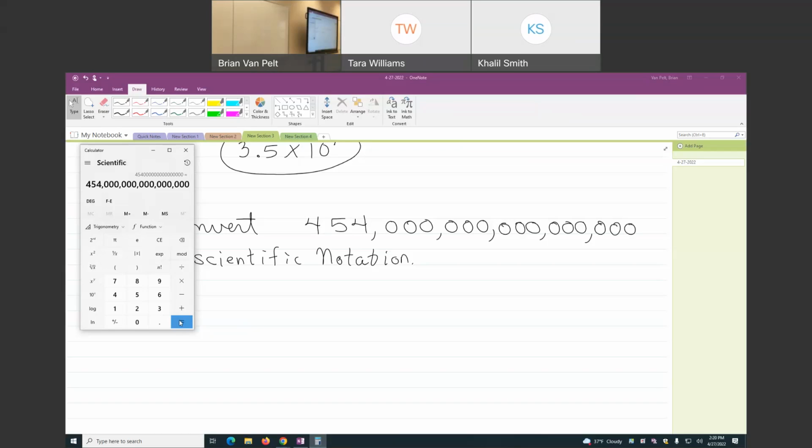Oh, look at this calculator, it's proving me wrong, isn't it? It just wrote the whole number. It didn't put it in scientific notation. I think they might have it though. It says it's scientific notation, but it's not.